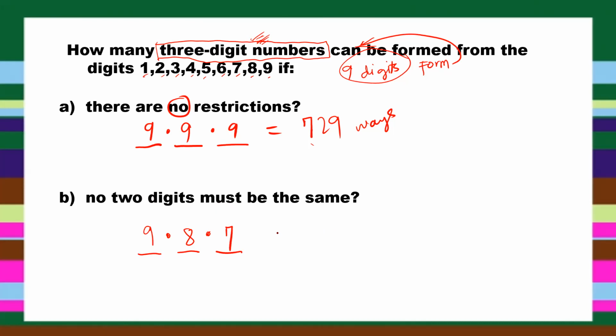Or simply, this can also be represented in permutation as 9 taken 3 at a time, which is also equal to 9 factorial over, yung formula natin, 9 minus 3 factorial.